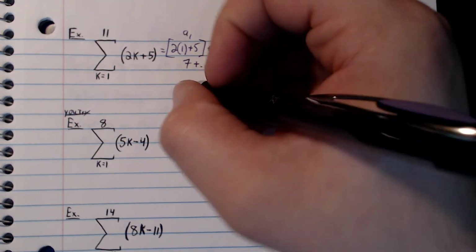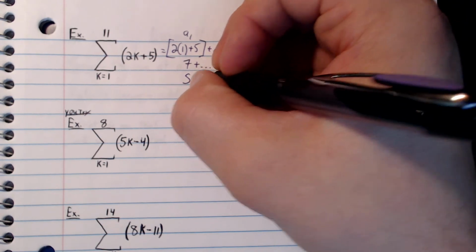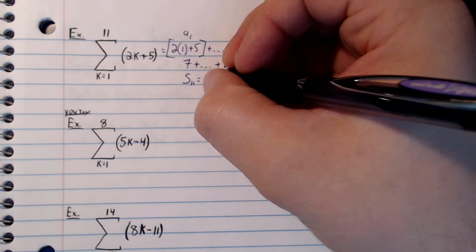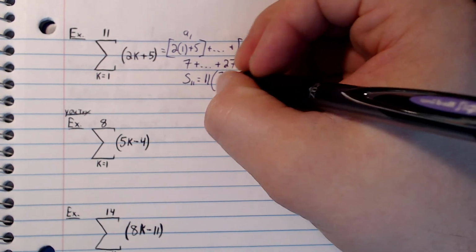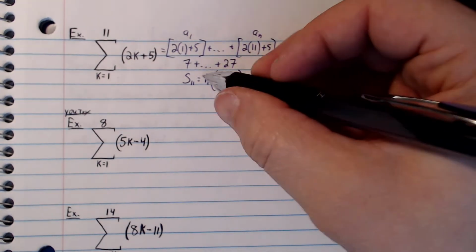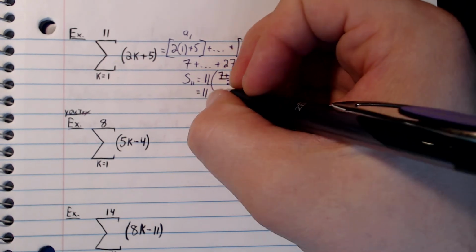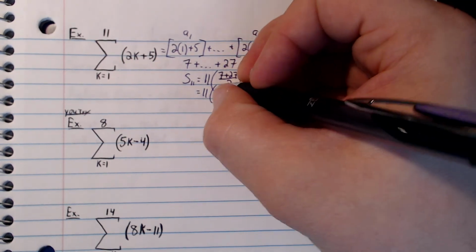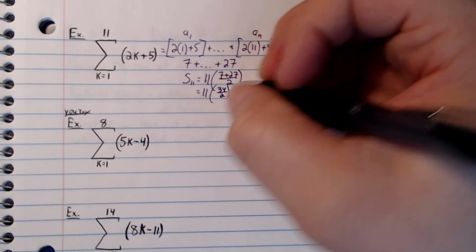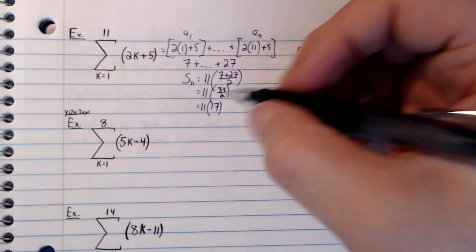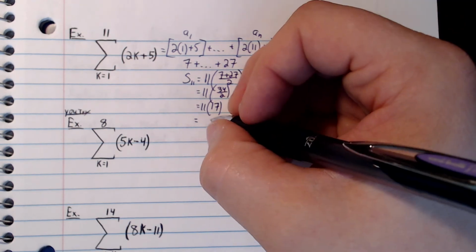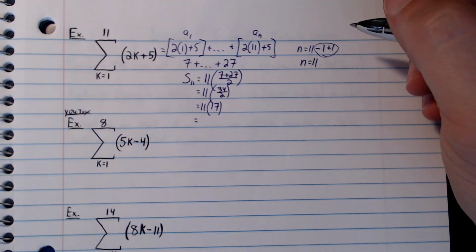Anyways, if we want to know the total number, we want 11 times 7 plus 27 divided by 2. That's not divisible, so I'll have to add these first. 34 divided by 2 is 17. 11 times 17 is 187, I think.